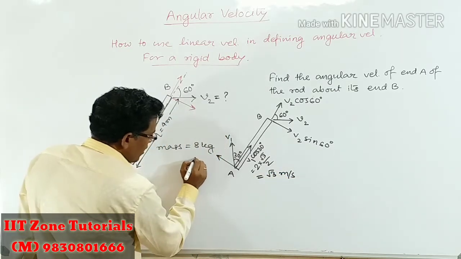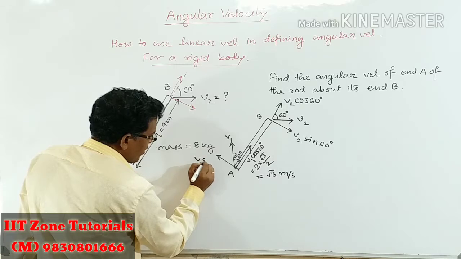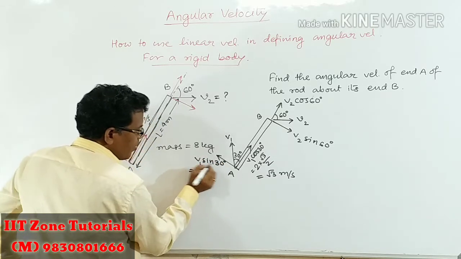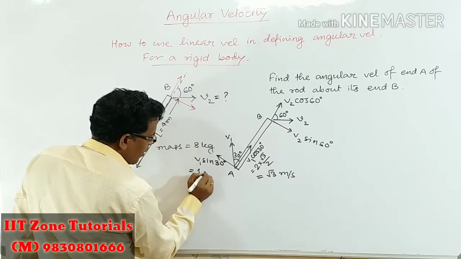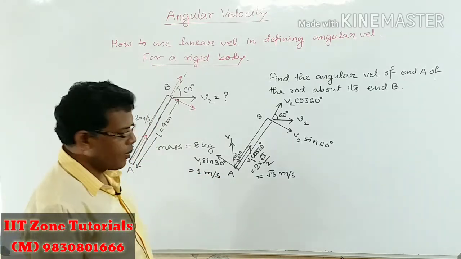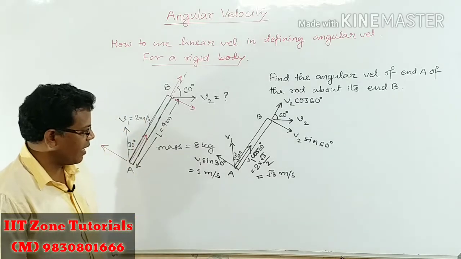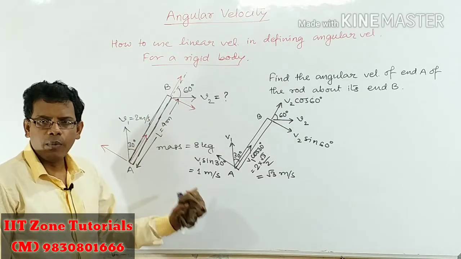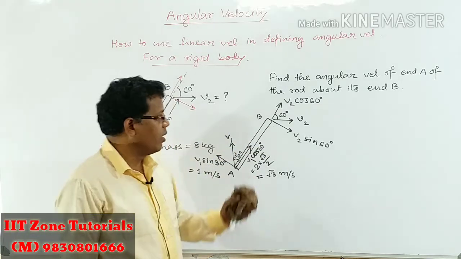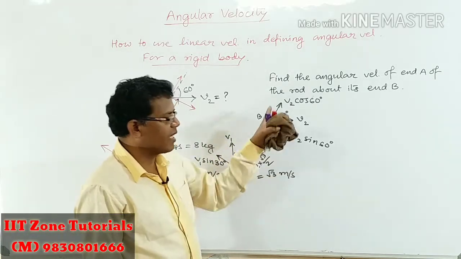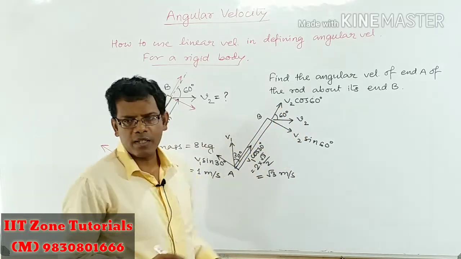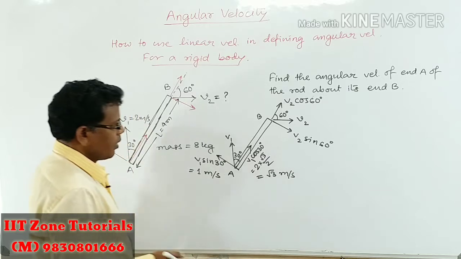On the other side, perpendicular to the rod, it is v1 sin 30, so putting the value of v1 and sin 30, it is 1 meter per second. So we know the absolute magnitudes of the velocities at end A along the rod as well as perpendicular to the rod, whereas at end B we don't know the exact magnitude, but in terms of v2 we have expressed the magnitudes along the rod and perpendicular to the rod.